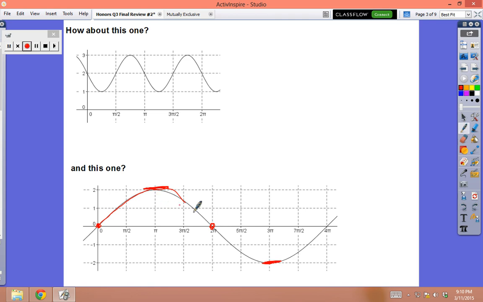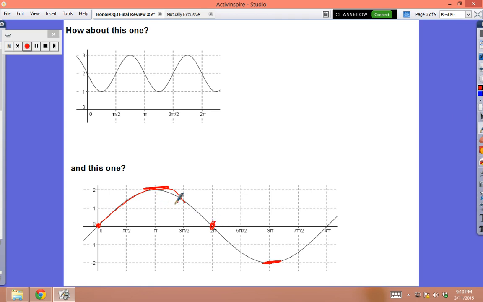So your amplitude is halfway between your min and your max. So the distance between your min and your max. My max is 2, my min is -2. That distance from there to there is 4. So it's half of that distance. My amplitude is 2. So it's going to be y equals 2 times the sine of something.